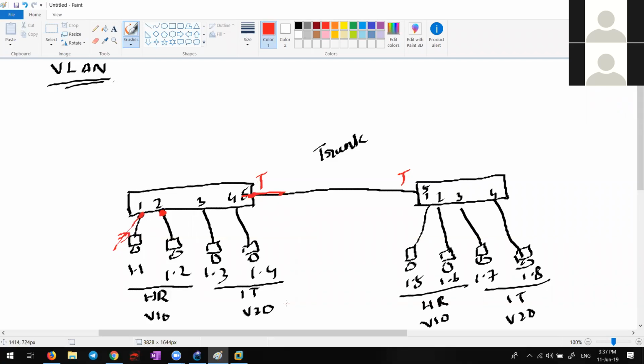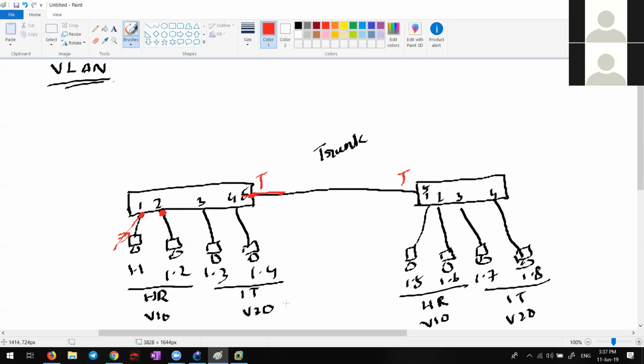Same answer again. No. What is the use of native VLAN or how does it function?